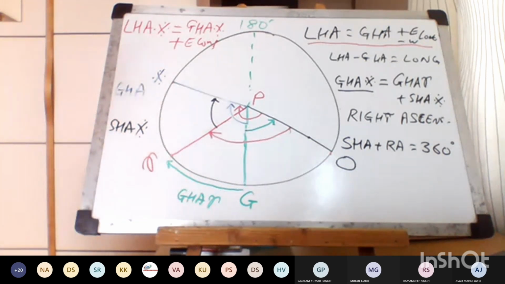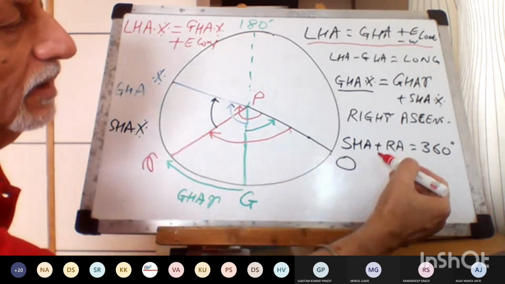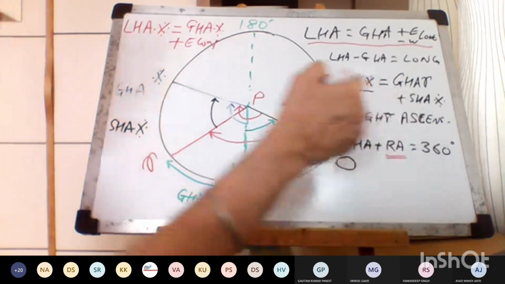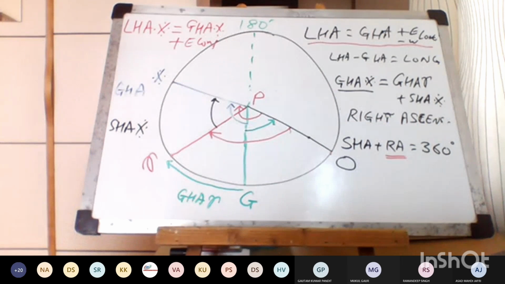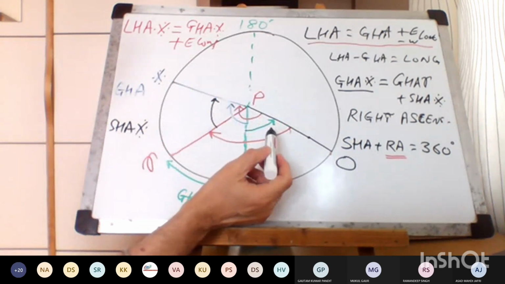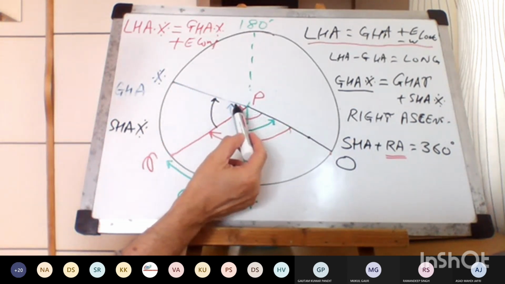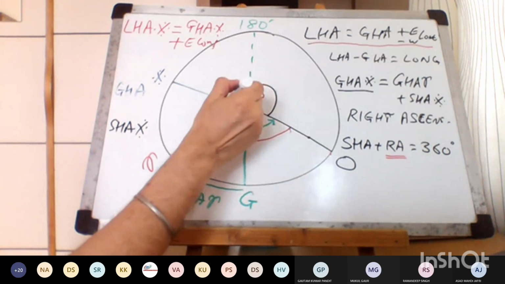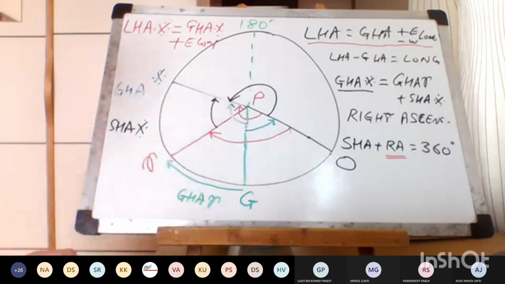Like the right ascension, I would like to point out one more thing over here. SHA, if I measure in the easterly direction, is called right ascension. I can measure LHA also in the easterly direction. Let us say this was LHA star. If I measure it like this, it is called easterly hour angle, EHA.